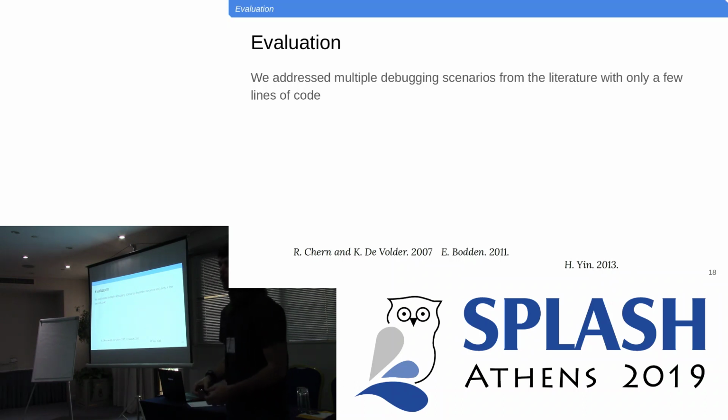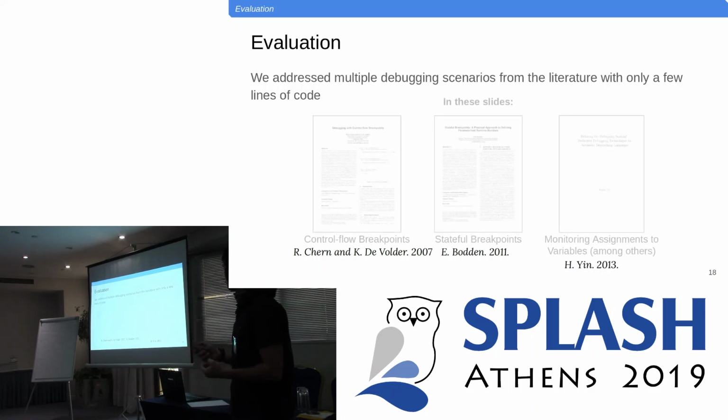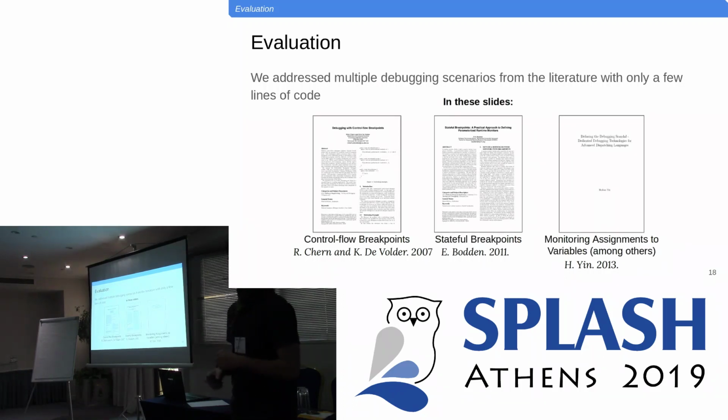So the evaluation: we looked at multiple debugging scenarios from the literature, and we tried to implement them in Sindarin. Each of these papers finds a specific problem and then devises a specific solution for this problem.